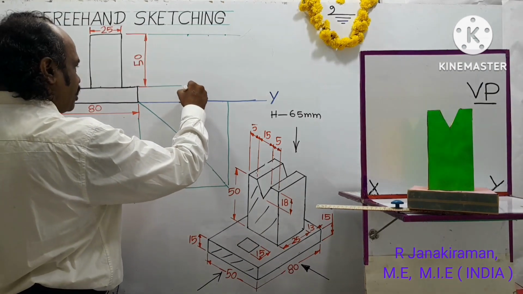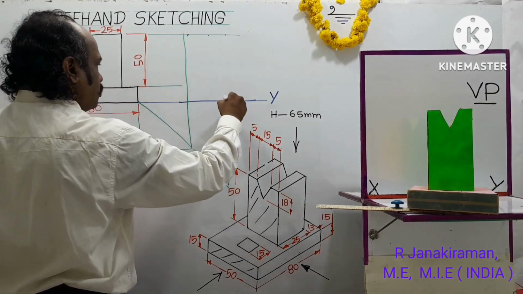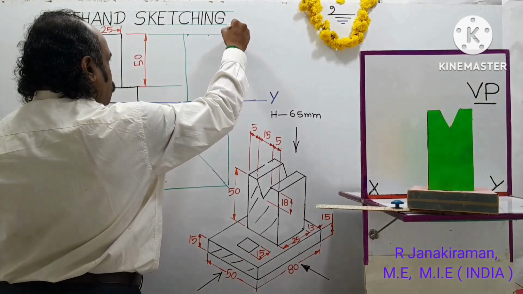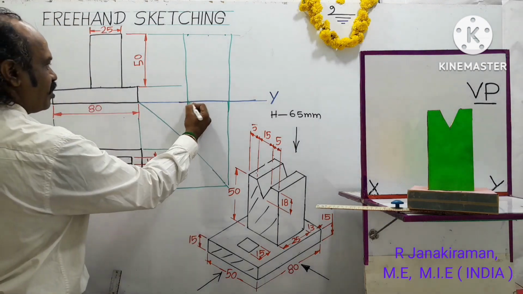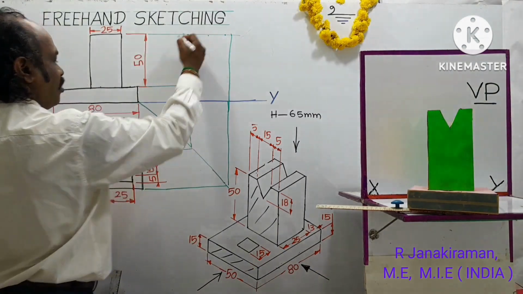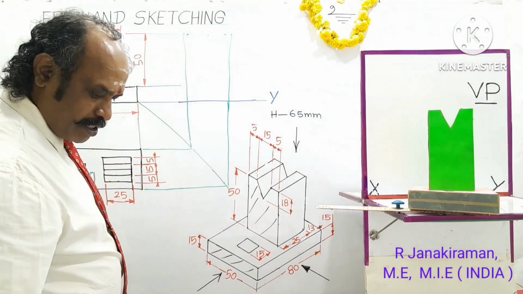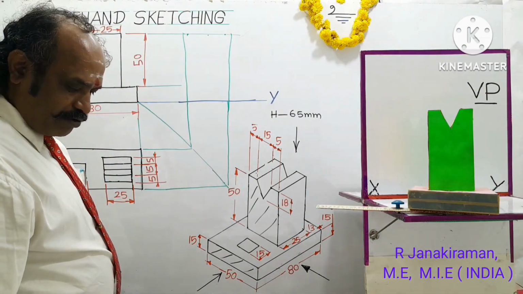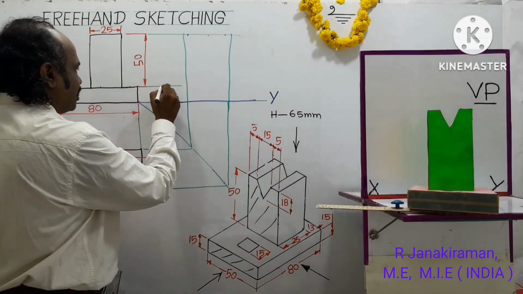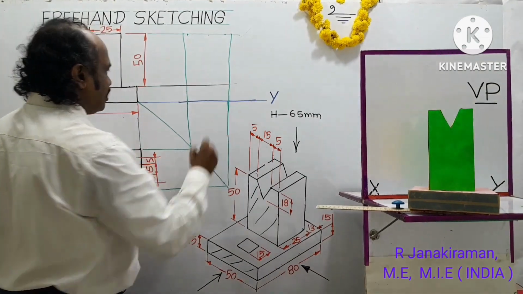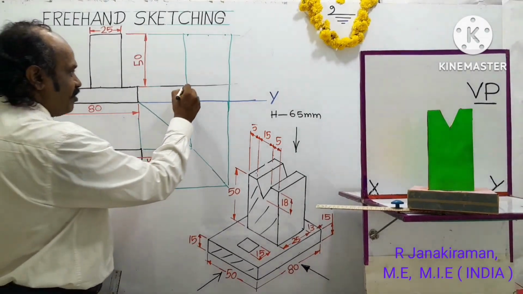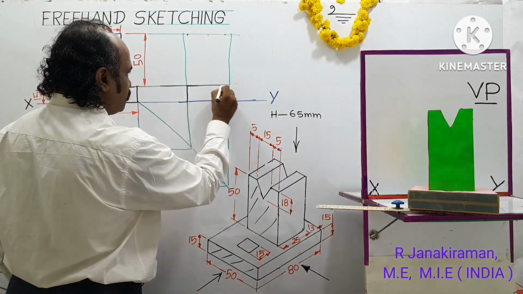Draw a vertical projector, extend this line. So this forms a boundary for the side view called the left side view. Inside that only the view of the object comes. So extend the horizontal projector from the previous front view. So this forms the base part of the object.